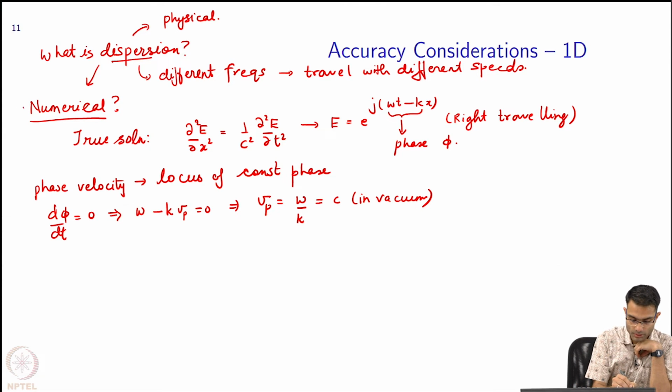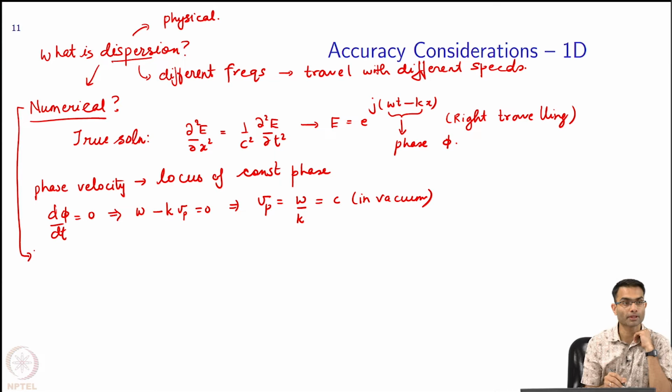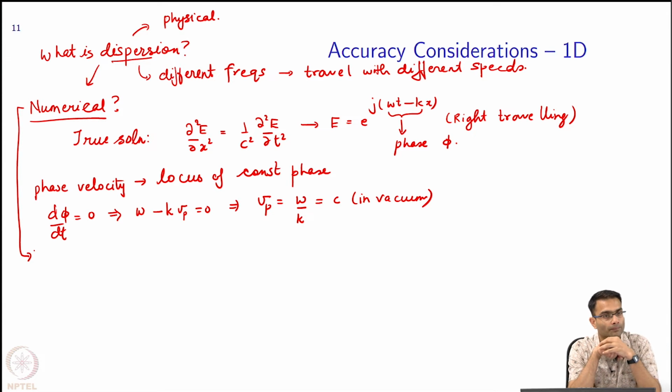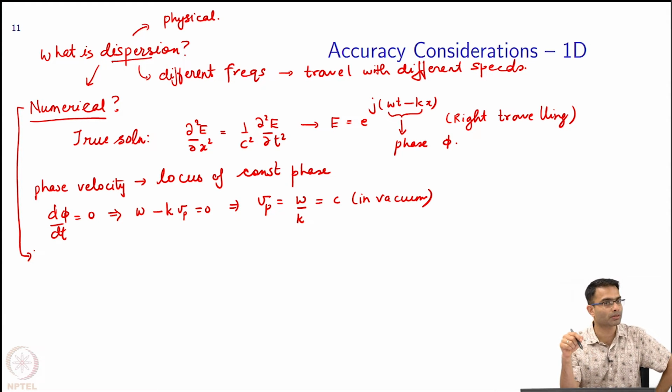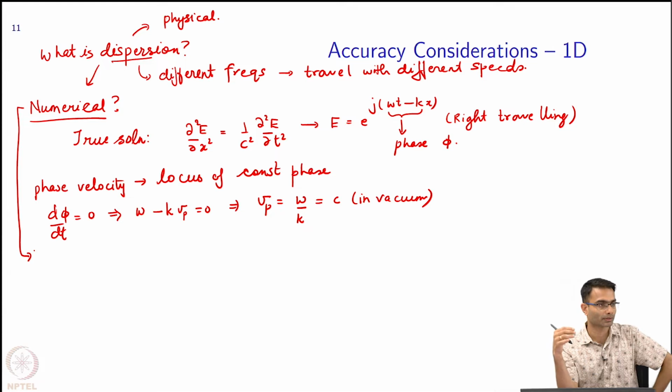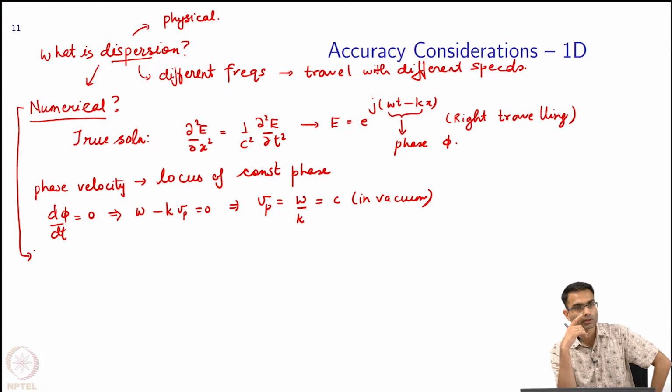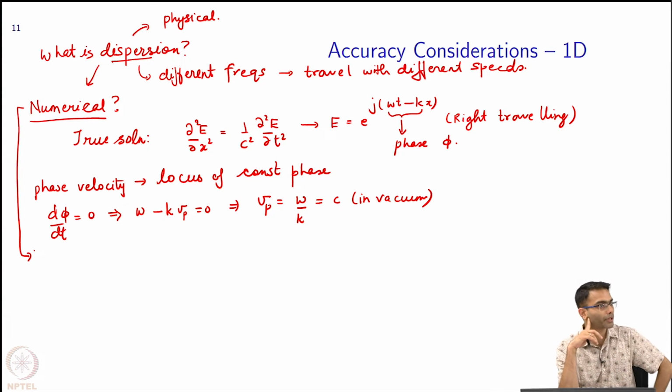Now, the question is numerically what is it? So, what approach should we take? What we did is a theoretical calculation. Obviously, the phase velocity is omega by k, which is c in vacuum. Now, I want to answer the same question, but now in a discrete world where I have discretized space and time. So, what should my approach be? How do I bring in the discrete world?